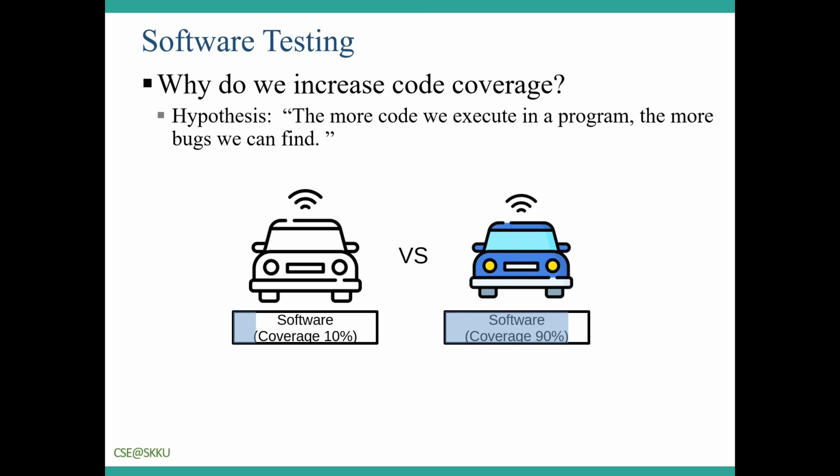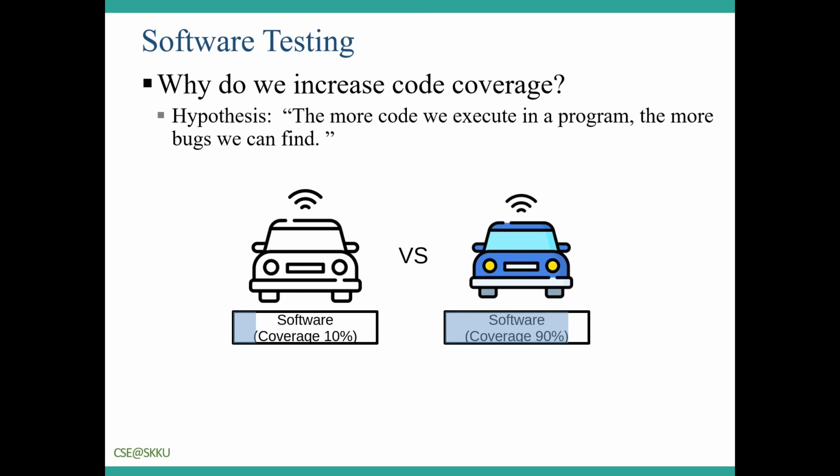So let's consider an example. Imagine you have to choose between two self-driving cars. The software in the left car has only executed 10% of its total code. Meanwhile, the software in the right car has executed over 90%. So which one would you choose to ride in? Or you just decide to walk?